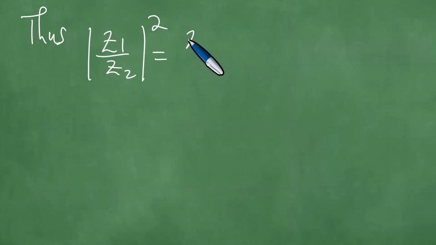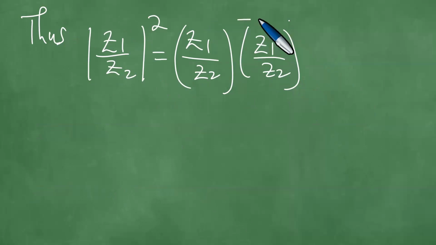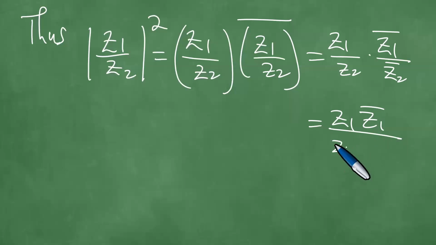So it is the complex number multiplied by its complex conjugate. And therefore, this is Z1 over Z2, Z1 bar over Z2 bar, Z1 Z1 bar, Z2 Z2 bar.